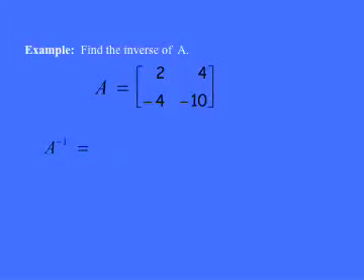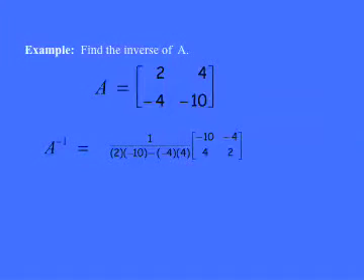The inverse of A will be 1 over the determinant of the original matrix, so 2 times negative 10 minus 4 times negative 4, and that will be multiplied by the new matrix, where we've switched the position of the 2 and the negative 10 and changed the signs of the 4 and the negative 4.